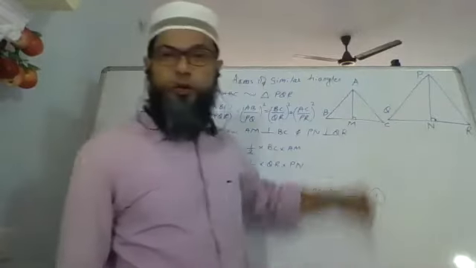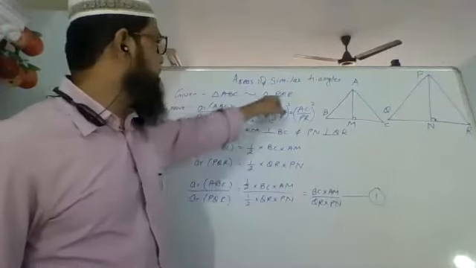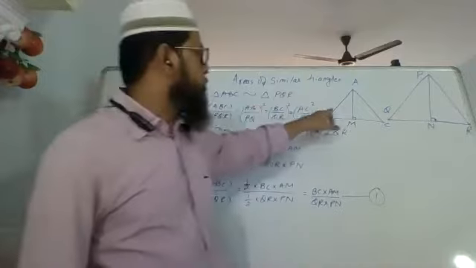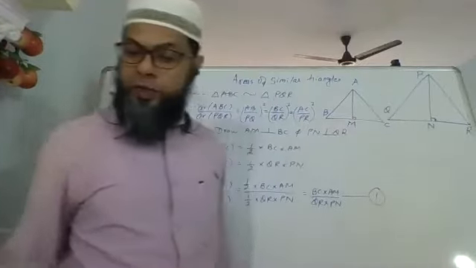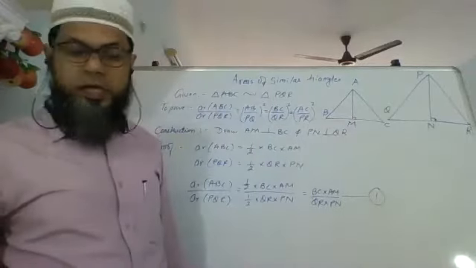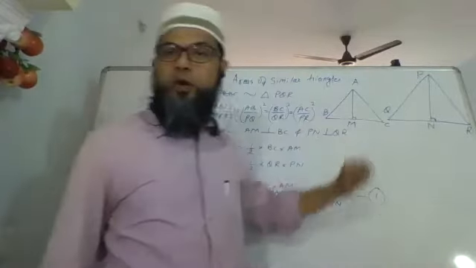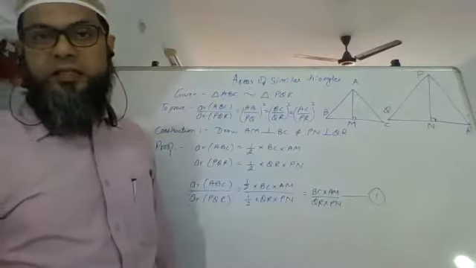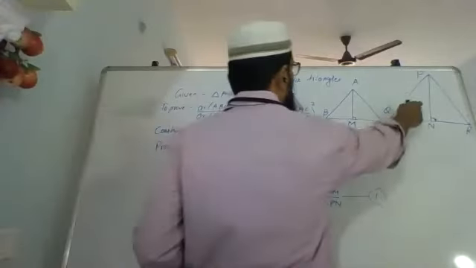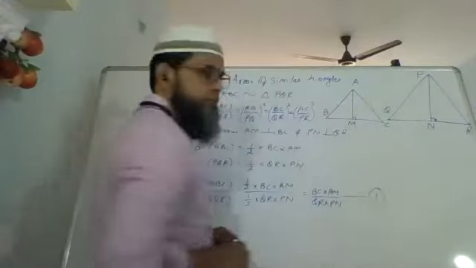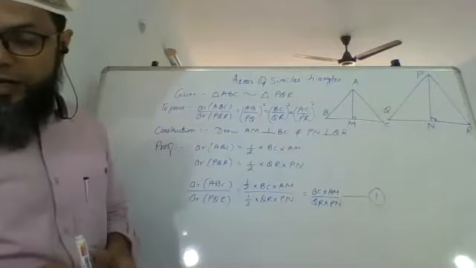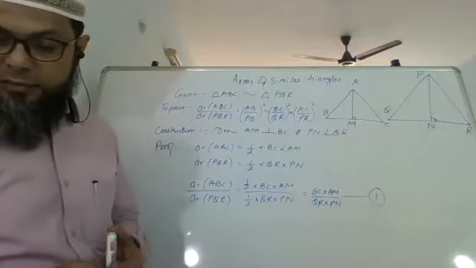Angle B and angle Q will be equal because triangle ABC is similar to triangle PQR. So angle B is equal to angle Q. That much we know. Similarly, angle M and angle N will also be equal because each of them is 90 degrees. So these two triangles by default will become similar.